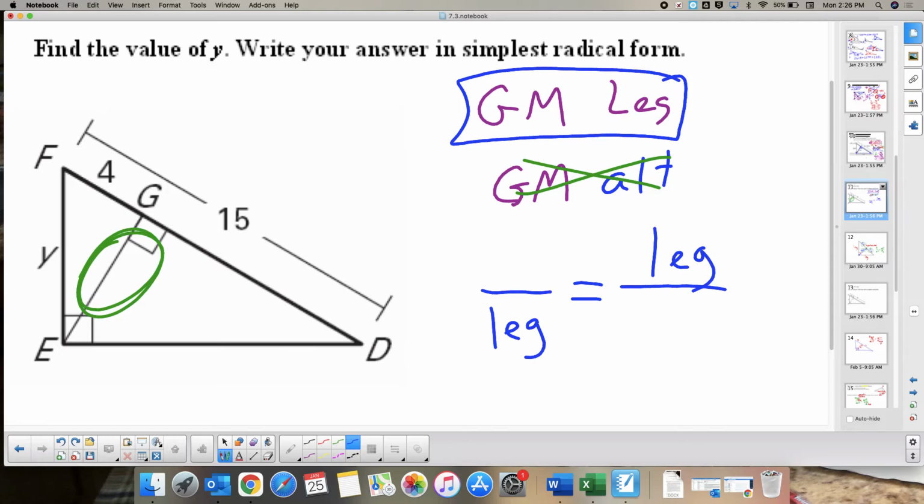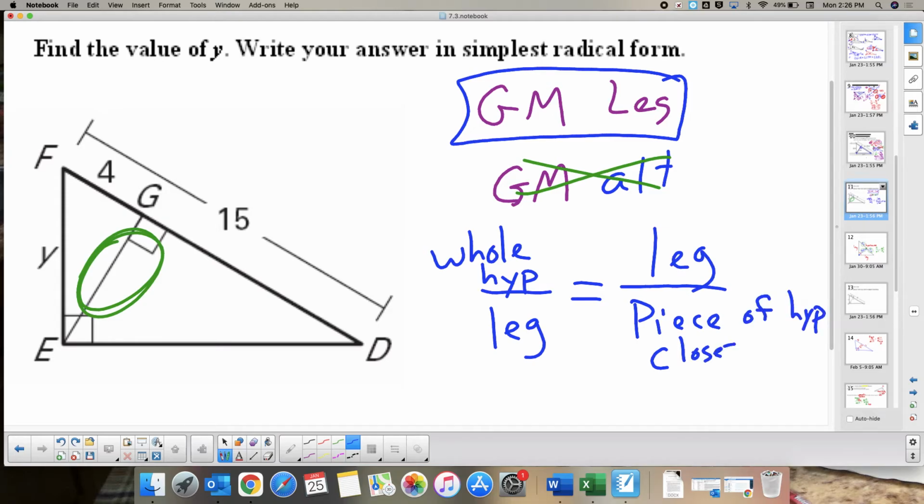Now, the pieces that go with a leg are going to be your whole hypotenuse and one of the pieces. The way we determine which piece, we want the piece of the hypotenuse that is closest to the leg we are using.